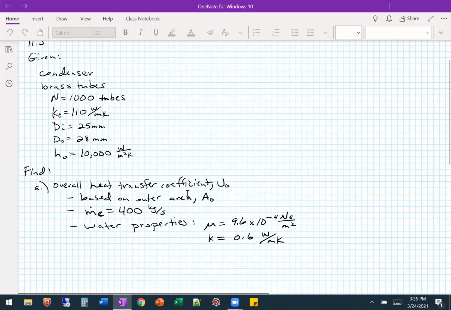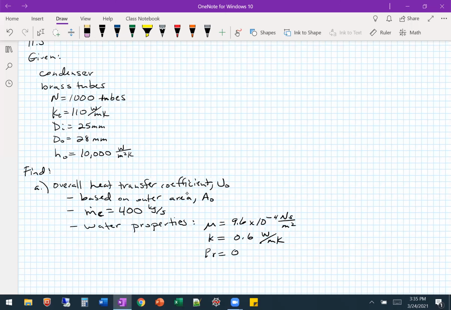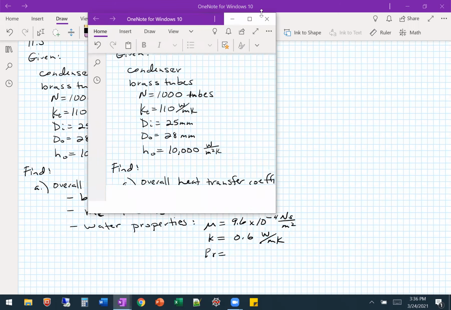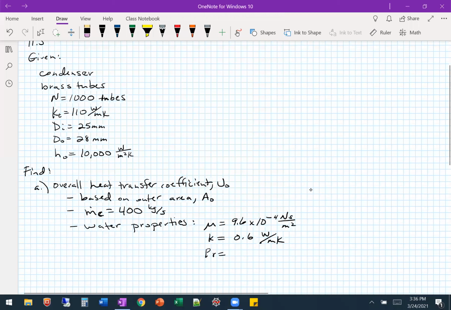Okay, so we have thermal conductivity of the water, Prandtl number of 6.6.